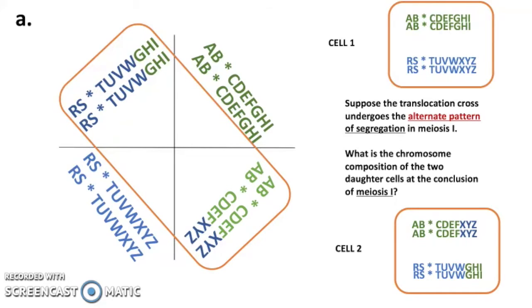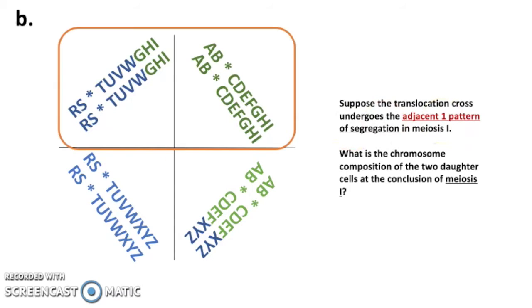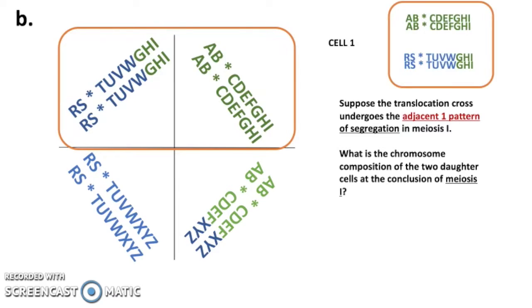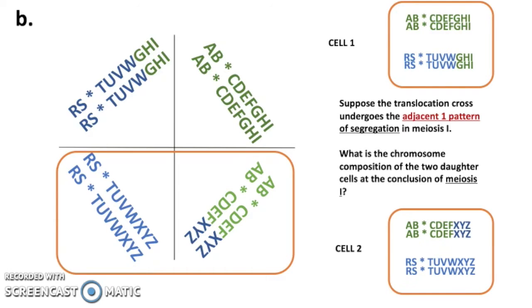Okay, so for part B, now it's asking what those two daughter cells will look like if an adjacent 1 pattern of segregation takes place. So in adjacent 1, the top quadrants of the little grid that you make, those chromosomes are going to go into one of the cells, and the bottom quadrants are going to go into the second cell.